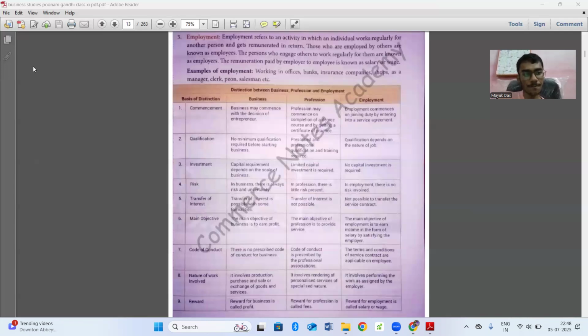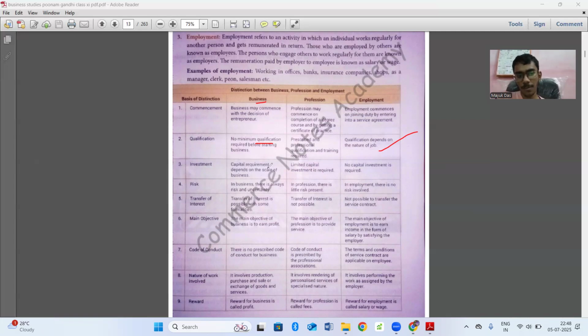If I differentiate, then for business qualification, there is no minimum qualification for starting a business. Profession requires prescribed professional qualification and training. Employment: qualification depends on the nature of the job. Employment also requires qualification, it's not that qualification is not required.